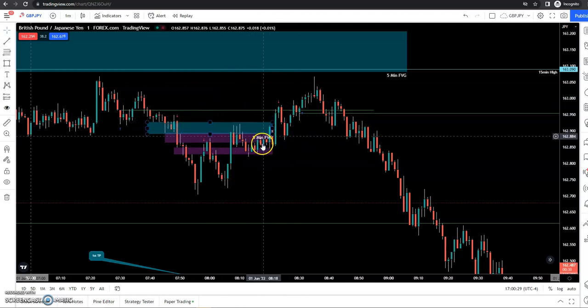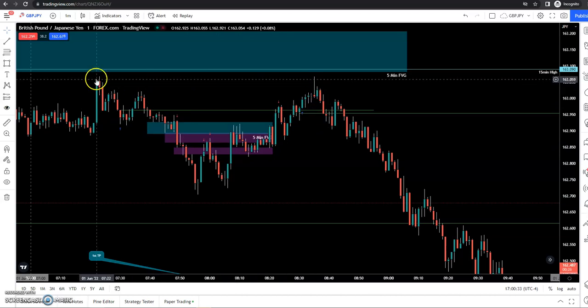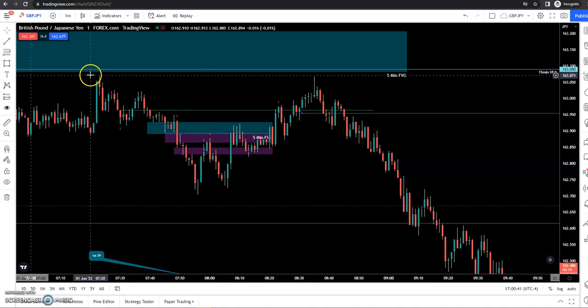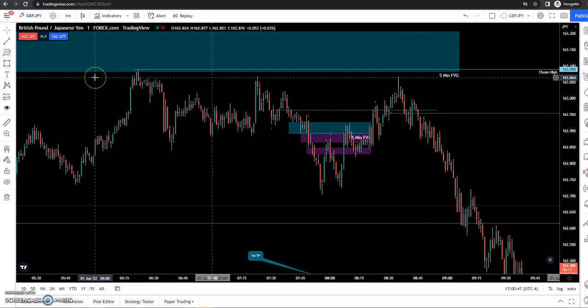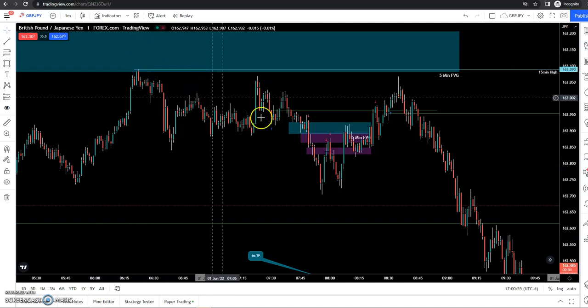But as you can see, the market still made a run up, and if you look at the high for this and the high for this, we pretty much had a double top. If my stop loss was above here, I would have still been in the trade.